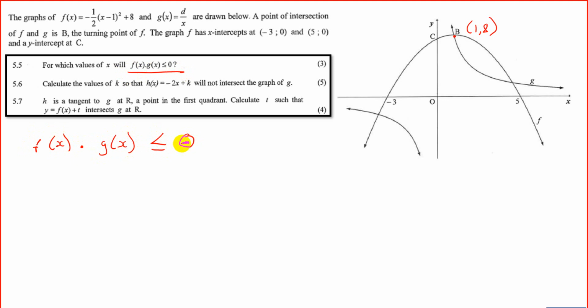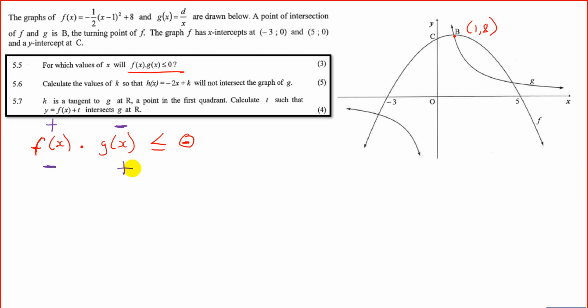So we're looking at when f of x times g of x is negative or equal to 0. To understand this question, very simply put, for us to get it less than or equal to 0, one graph must be positive, the other graph must be negative, or vice versa. That could be negative and that could be positive.